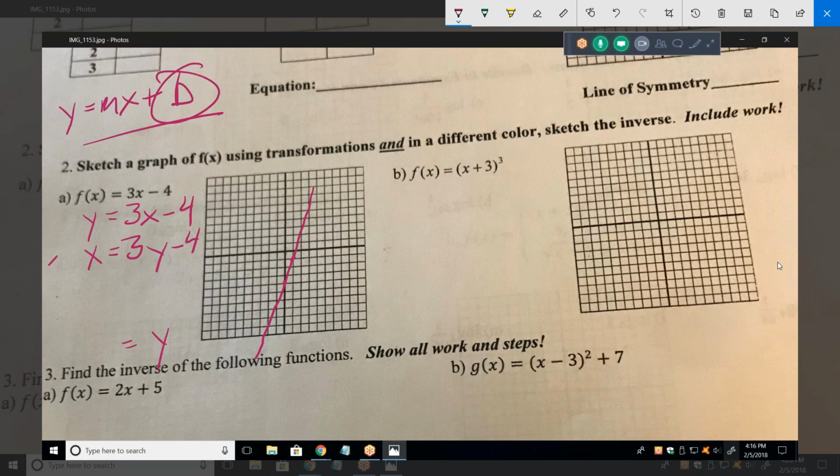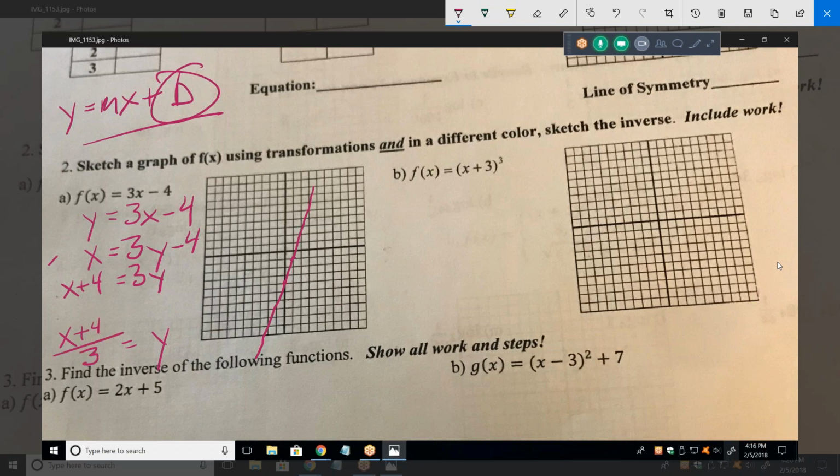We got a minus 4, we got a 3. Well, I'm not going to get y equals until I get rid of all of those. Which one do I get rid of first? 4, so add 4. How do I get rid of the 3? Divide it by 3. So here's our inverse.